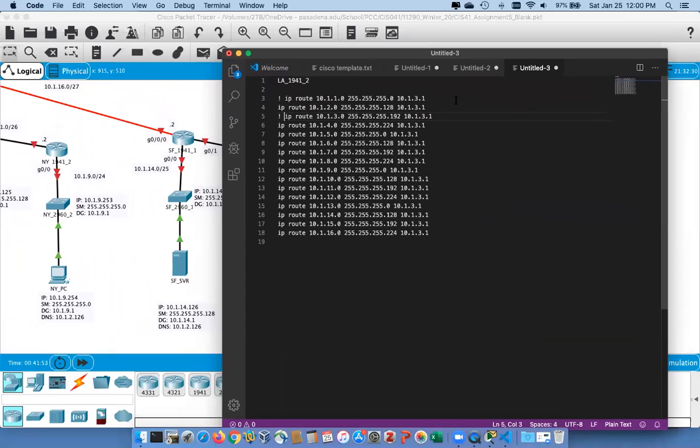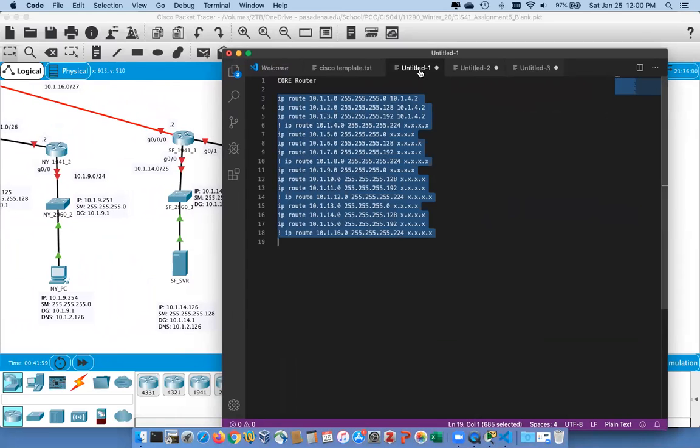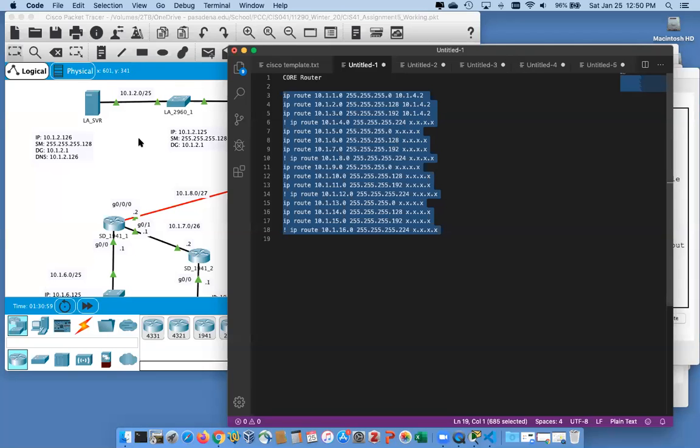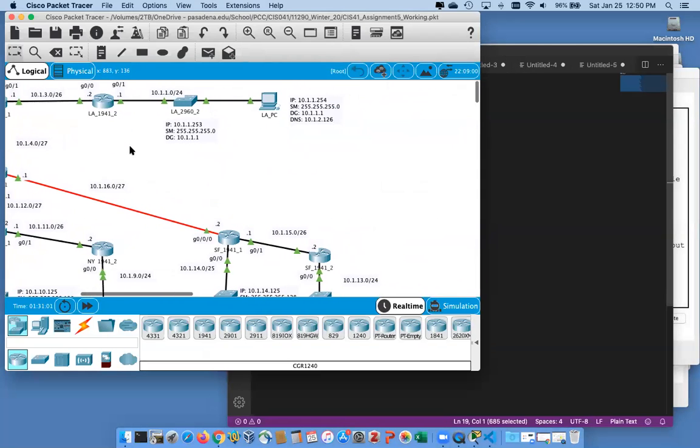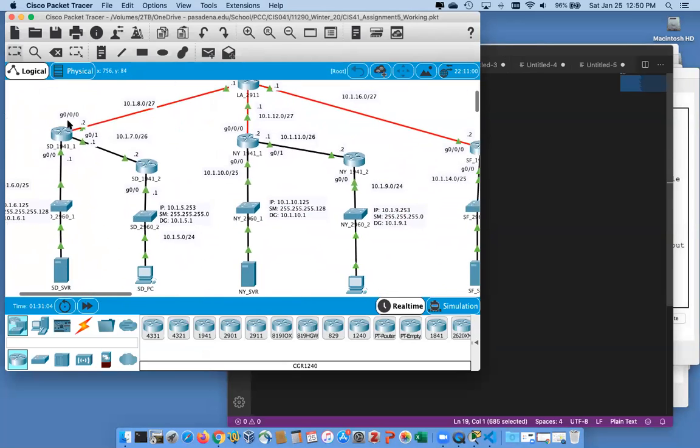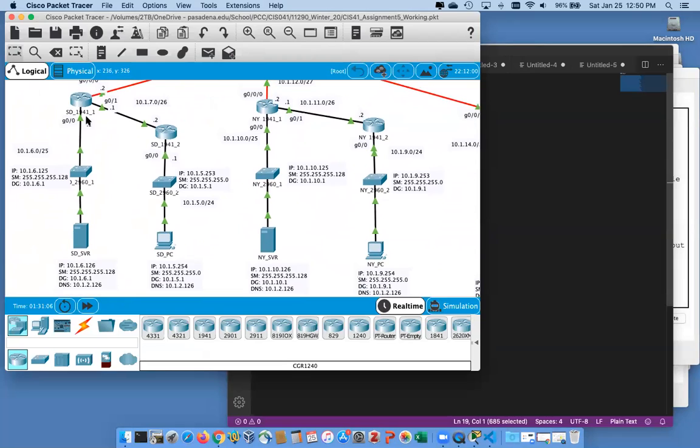Okay, now that I showed you how to do a couple of these, can you take it from here? Okay, good. All right, so now that we have everything configured here, all the IP addresses, at least the neighbors are pingable, right? Here's what we got now.